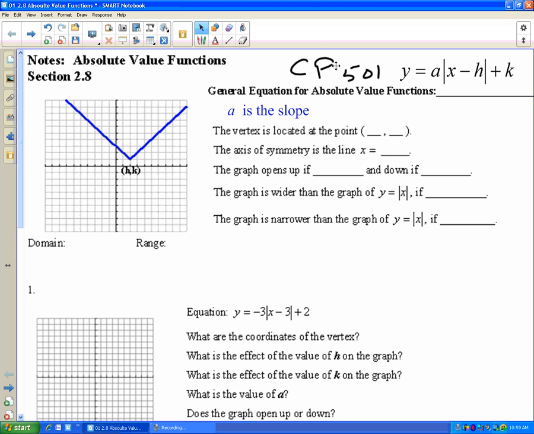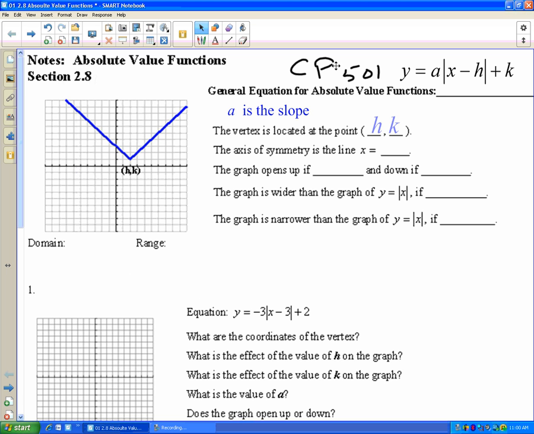Notice in my format here I have x minus h and plus k. The sign in front of the h is a negative. The sign out here with the k is positive. So I want the opposite of what's h and exactly what k is. So the vertex, the place I start, is h comma k.